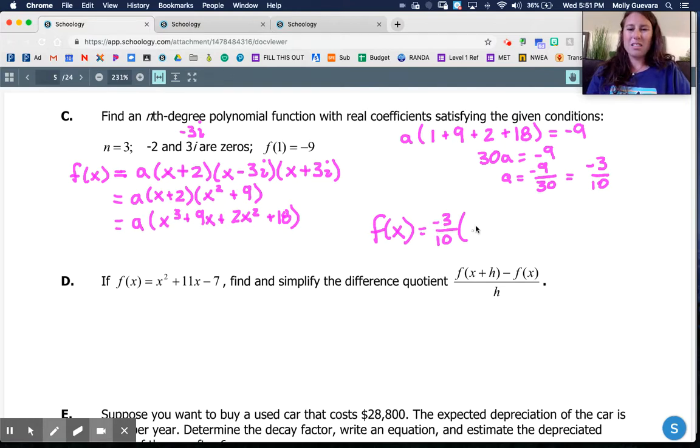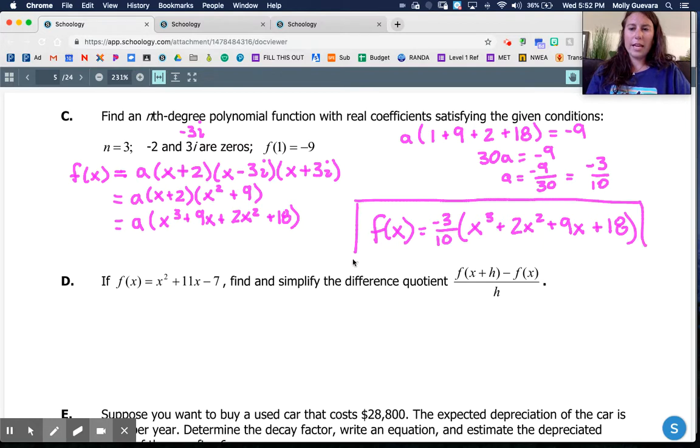But since it's a gross fraction, I'm just going to leave this as -3 over 10 times x cubed plus 2x squared plus 9x plus 18. And then I'm just going to call it a day. So again, if this number was like a 2 or a 4 or -7, something easy, I would then distribute it in. But since it's a fraction, we're not going to.